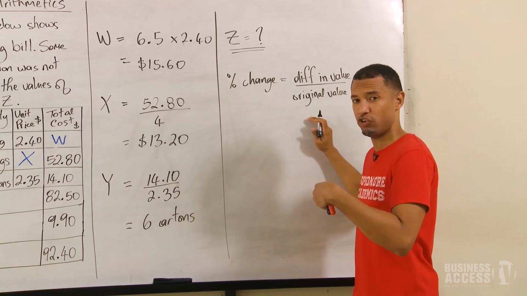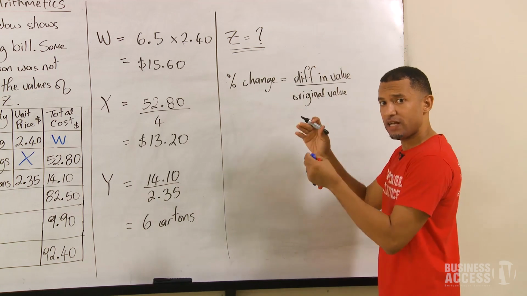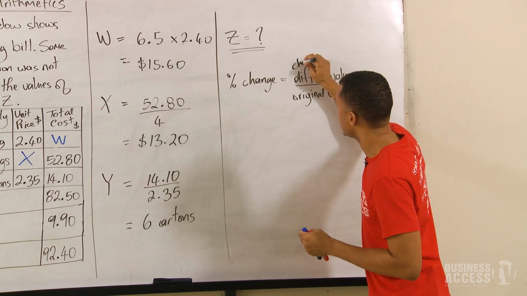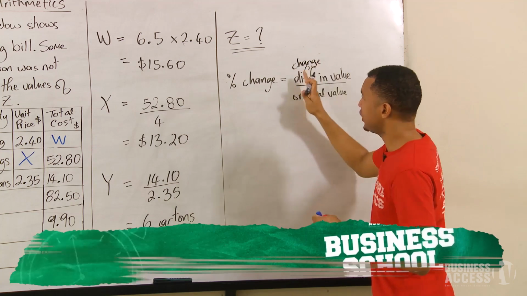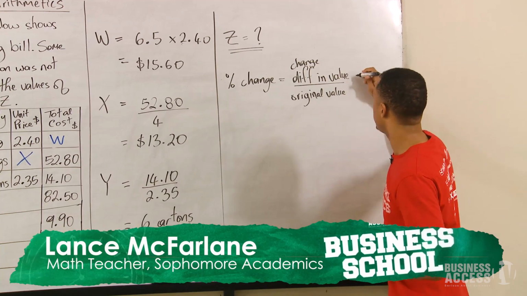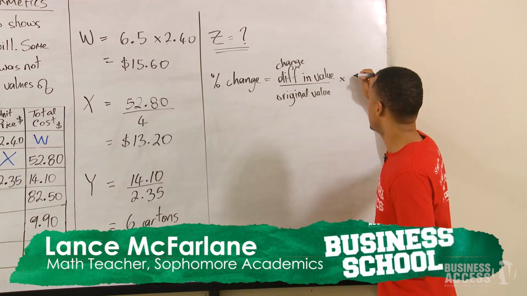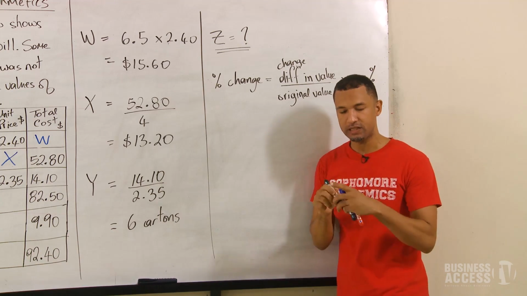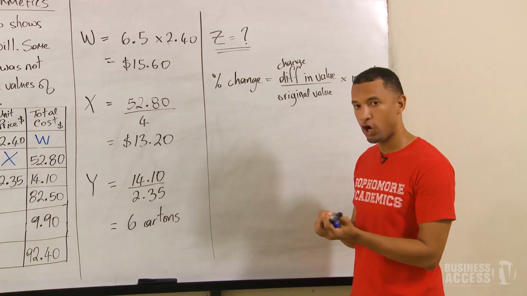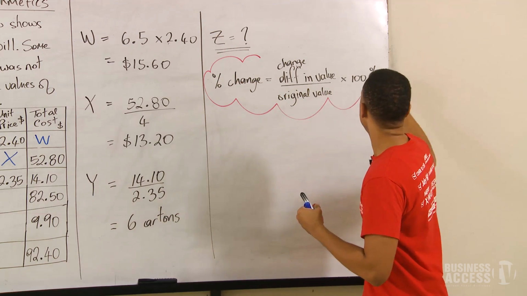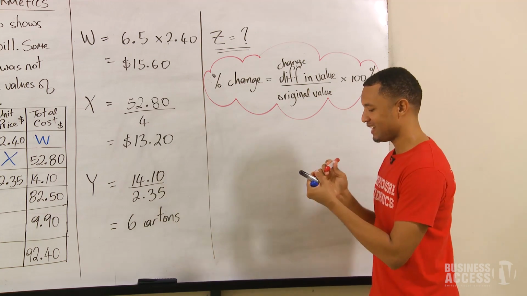So the difference in value, which is the change in value, if you want to write it as change in value, you can write it as that as well. The change in value divided by the original value is the percentage change. So you're going to multiply that by 100%. Write this down. I'm going to even highlight it in a red cloud like this.